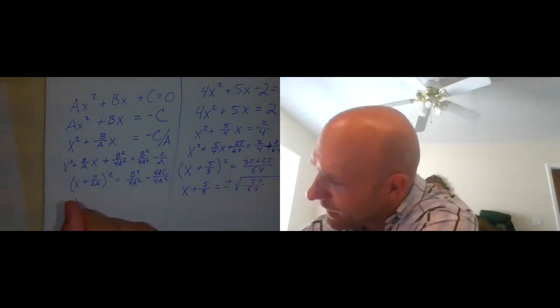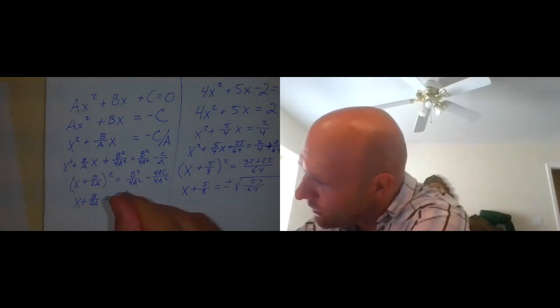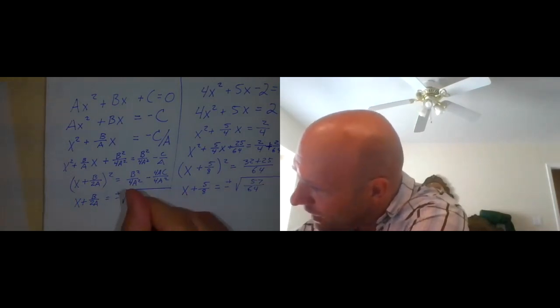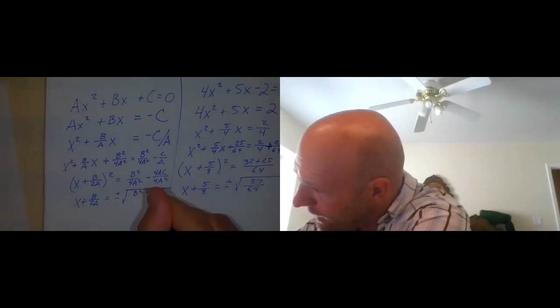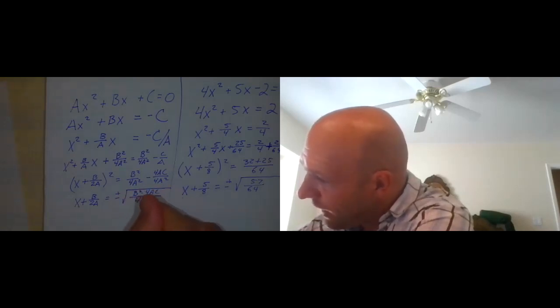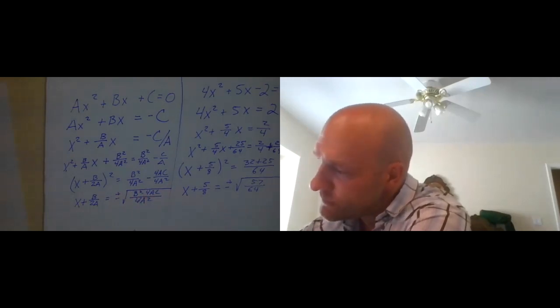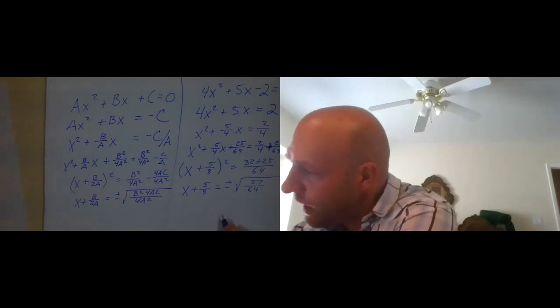Well, over here I get x plus b over 2a equals plus or minus, I remember my plus or minus there as well, the square root of b squared minus 4ac, that sounds somehow familiar, over this 4a squared, which is still in the square root.